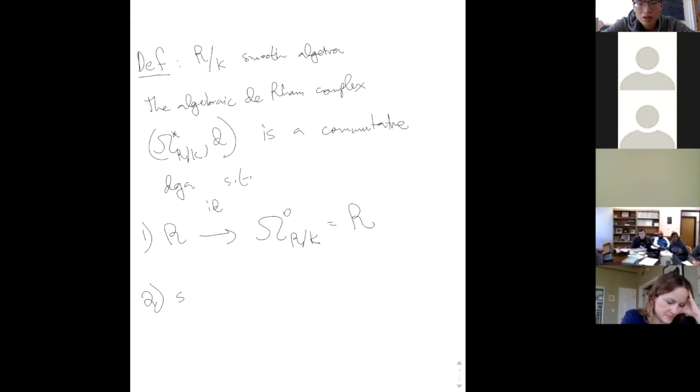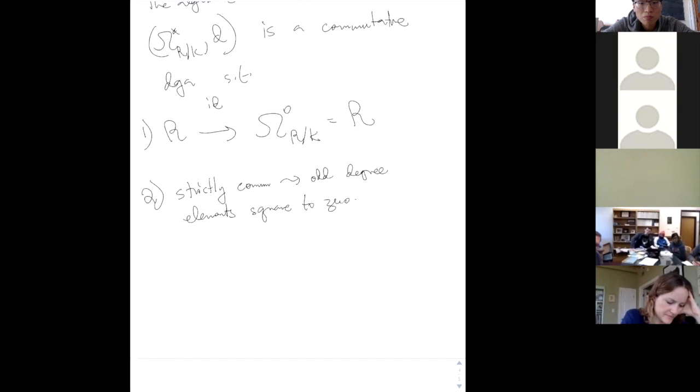I said it's a commutative differential graded algebra, and that means in particular it's graded commutative. But what we really need here is that it's strictly commutative, which is that odd degree elements square to 0. And with respect to this structure, the algebraic de Rham complex is initial.